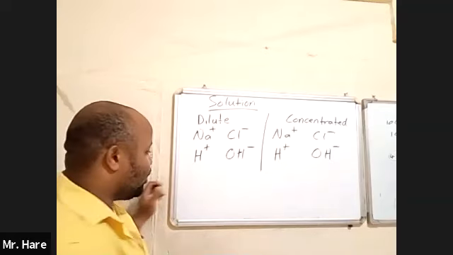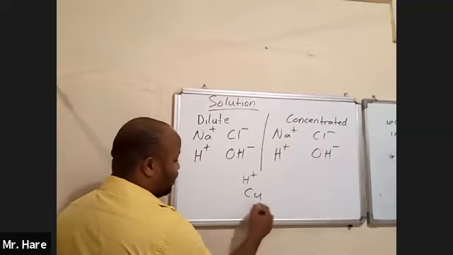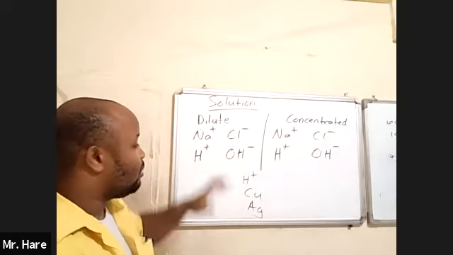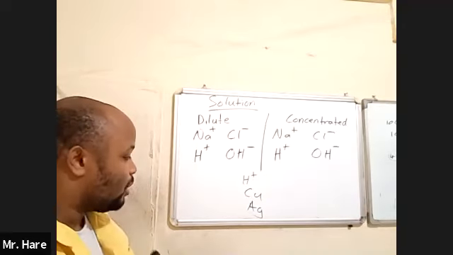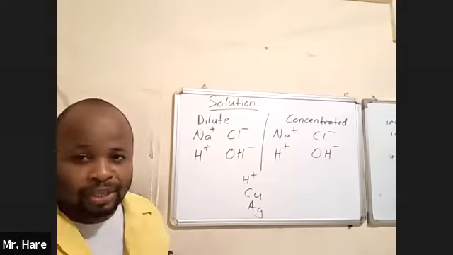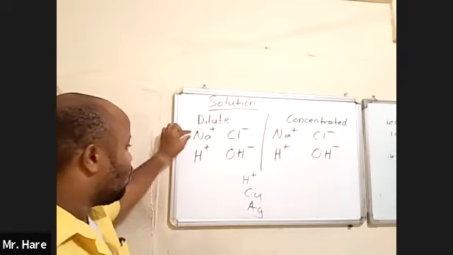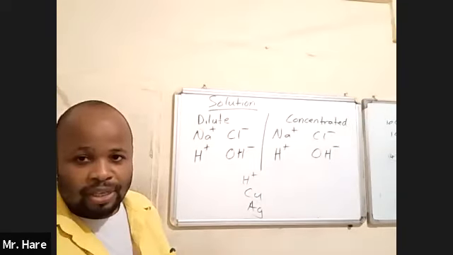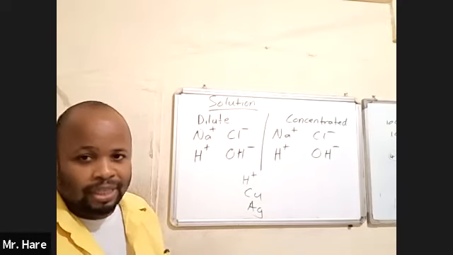Below hydrogen, you only have copper and silver. So don't try and study the ions above hydrogen. Just remember that below hydrogen is copper and silver. So how are we going to choose? The ion that takes part is the one that is further down in the electrochemical series.